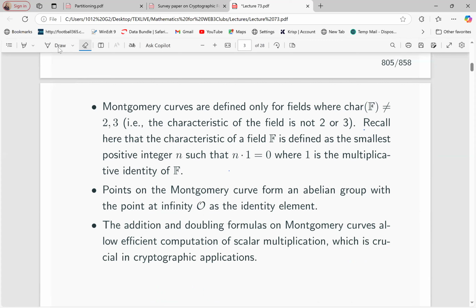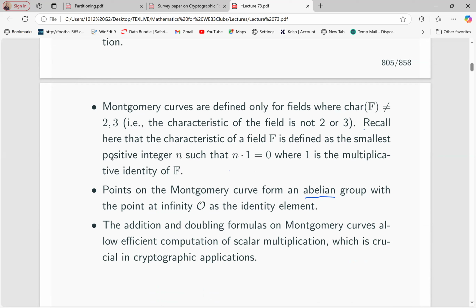Just like the other elliptic curves, points on the Montgomery curve will form an abelian group, and the identity will be the point at infinity. This is a group under addition.